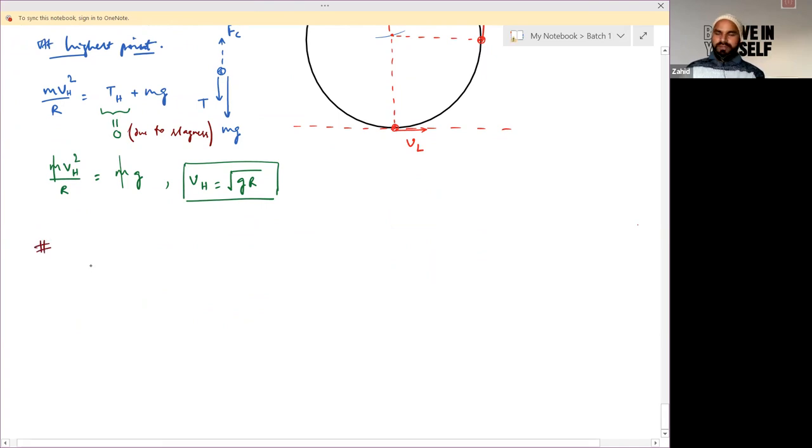Now, if you have to find velocity at lowest point, using conservation of mechanical energy, total energy at highest point must equal total energy at lowest point.